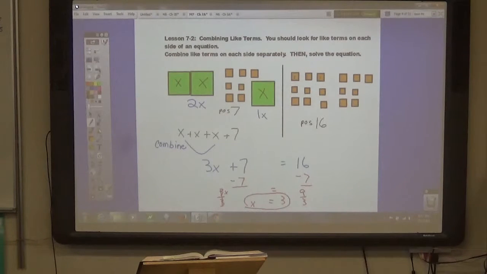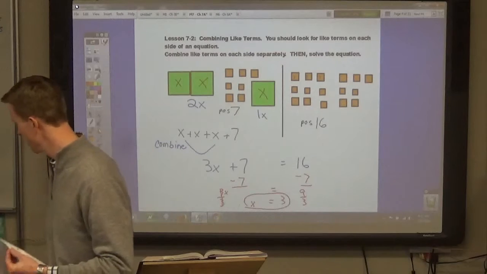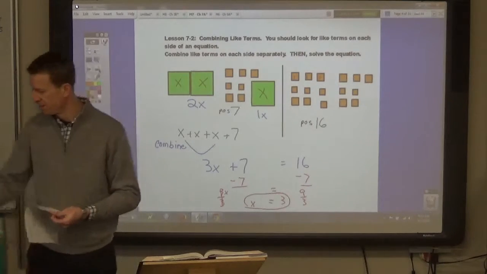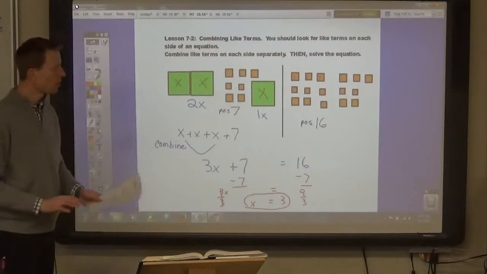It says x equals 3. Okay, look at the worksheet.